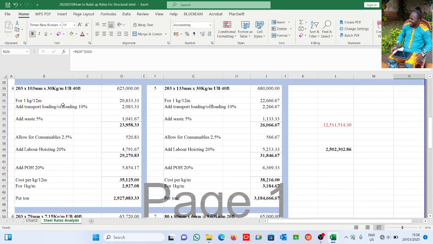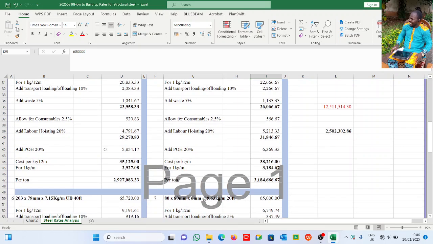Now the same thing here, and this is sold at 625,000 in January. So please, you need to know the price of that particular section you're working on as at the time you're working on it. And this is 680,000, 203 by 133 by 30 kg for the same 40 feet. If I apply the same method like I did above, this is 2.97, this is 3.9.